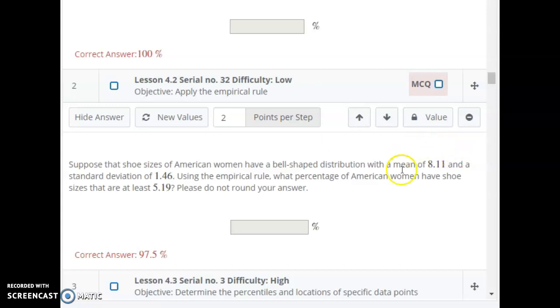In this case, our mean is 8.11, our standard deviation is 1.46, and so if we count down 1 and then 2 of these standard deviations, we'll reach 5.19. In other words, it would be a z-score of -2. And you could use the chart there, but they're asking you to use the empirical rule. So you just slice and realize that.